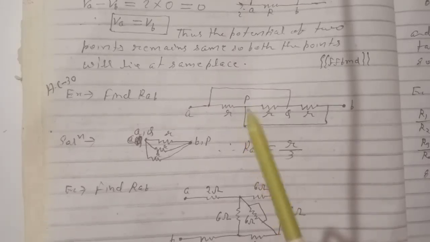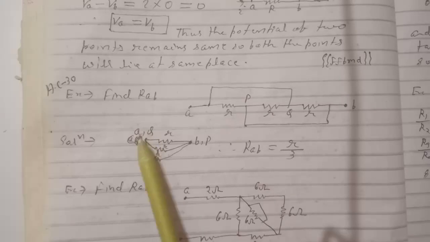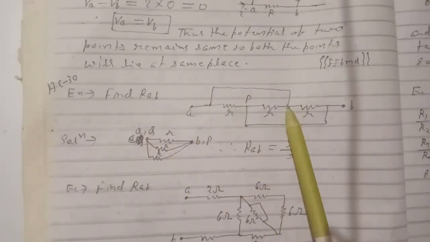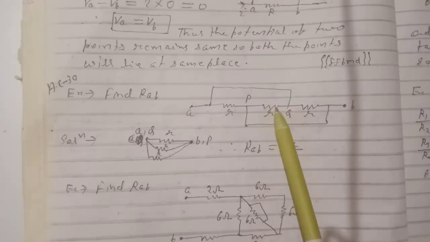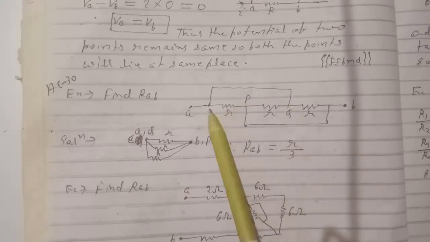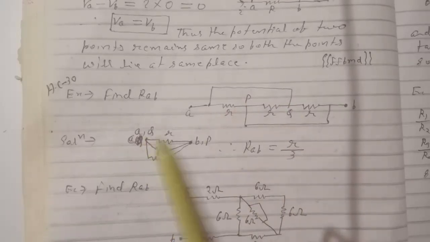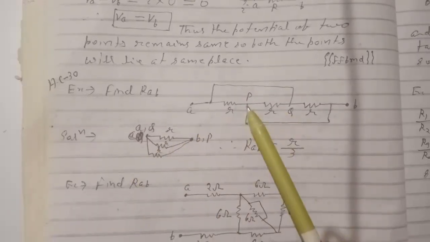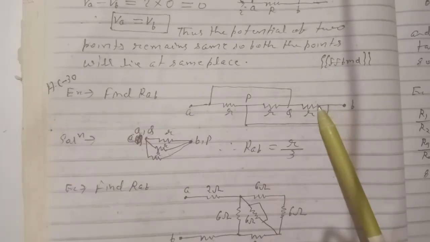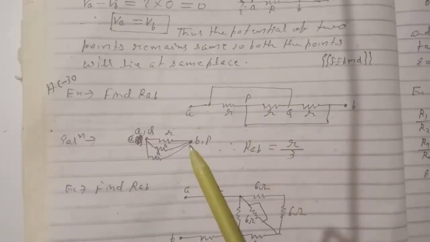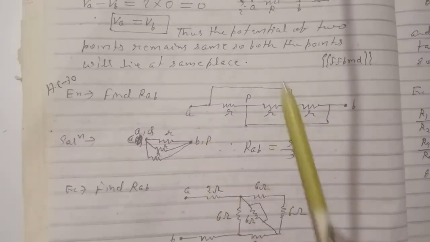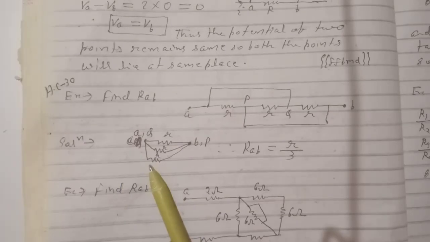So considering it, for example, A and Q will be at the same point, and this resistor and this resistor have one end at the same point Q and A. And these resistors have the other end at the same point P. Here it is shown, B and P. So the circuit will transform into something like this.